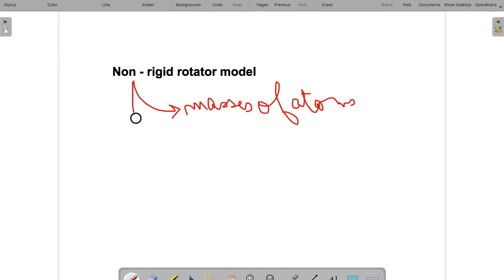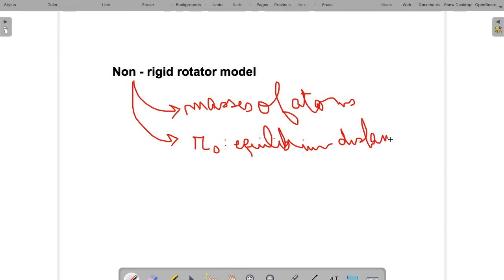Now we will also be able to get R0, which is the equilibrium distance, or the no centrifugal force distance.